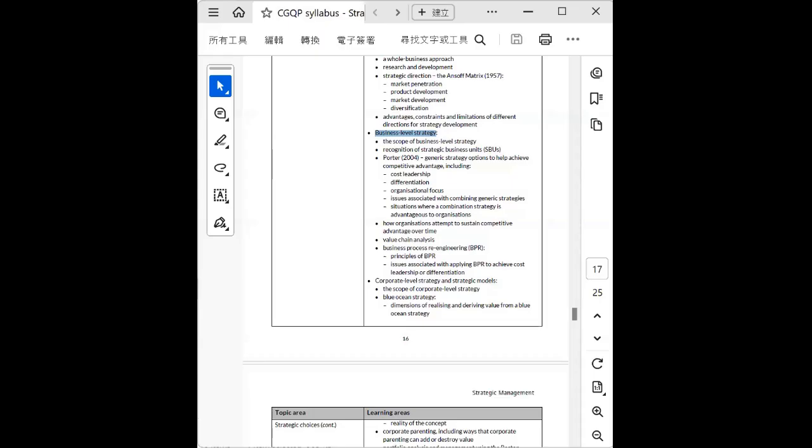Focus means you focus on specific market segments, or you tailor your products or services towards a niche market, niche audience. Issues associated with combining strategies, so that will lead to conflicts and trade-offs, such as balancing cost efficiency with differentiation.